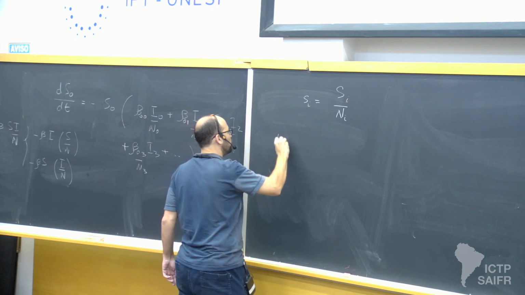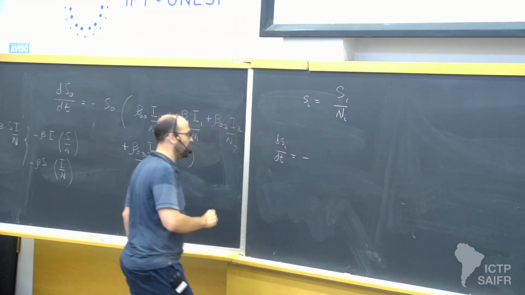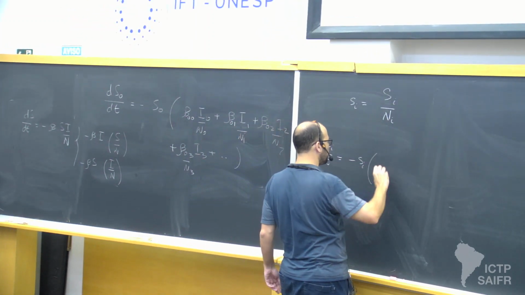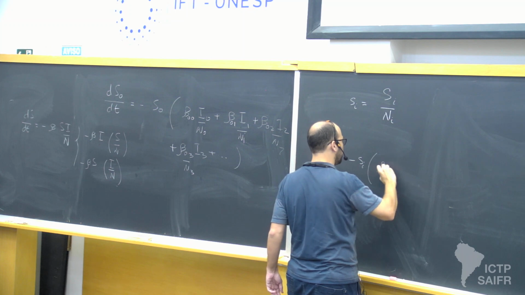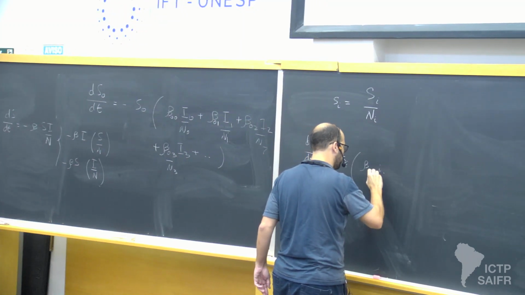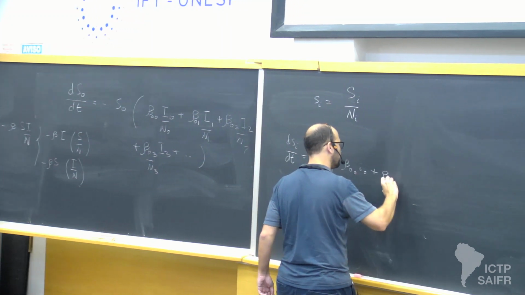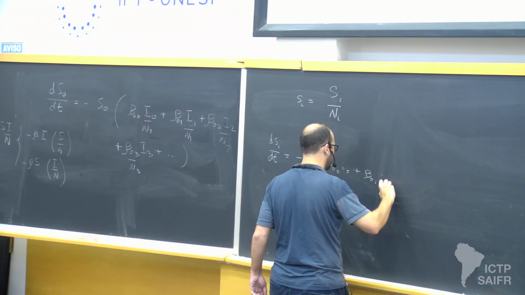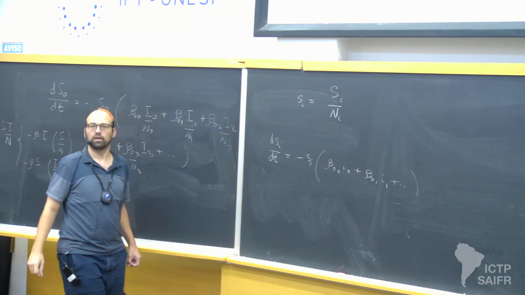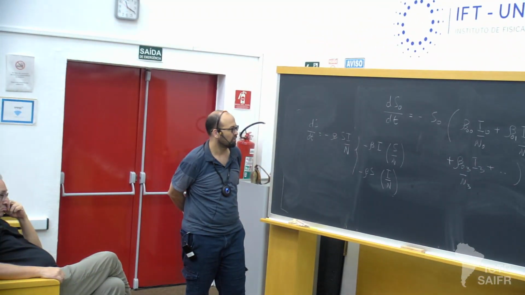So this is minus small s small i, multiplied by beta 0,1 I0 plus beta 0,1 small I1, and so on. Something like this.